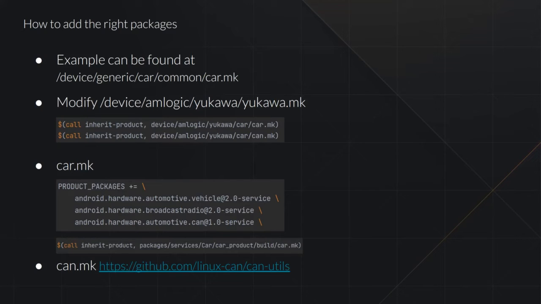And for the VIM3, I modified the device Amlogic makefile. I added two files that I wrote myself, the car and the CAN makefile. The car contains basically the same stuff as in this example up here, plus the modules that I added manually.